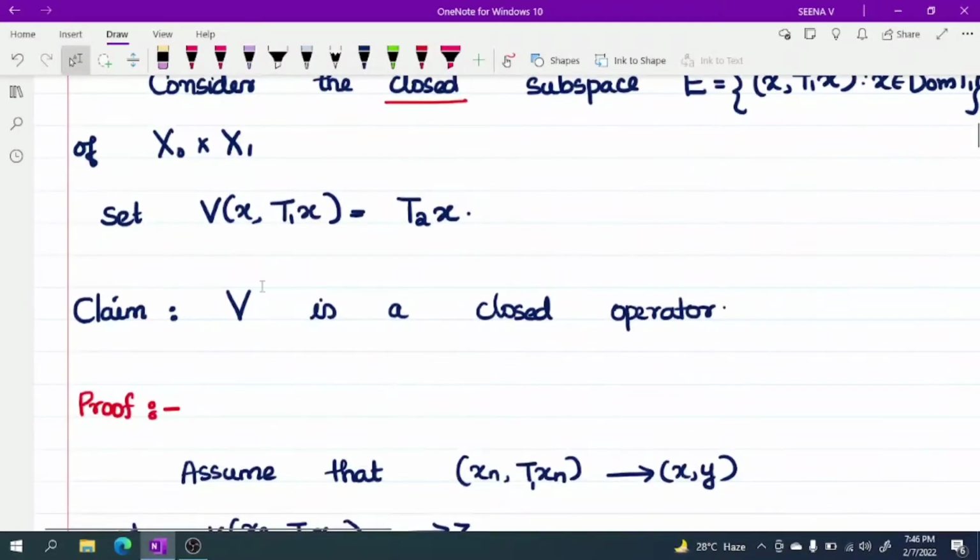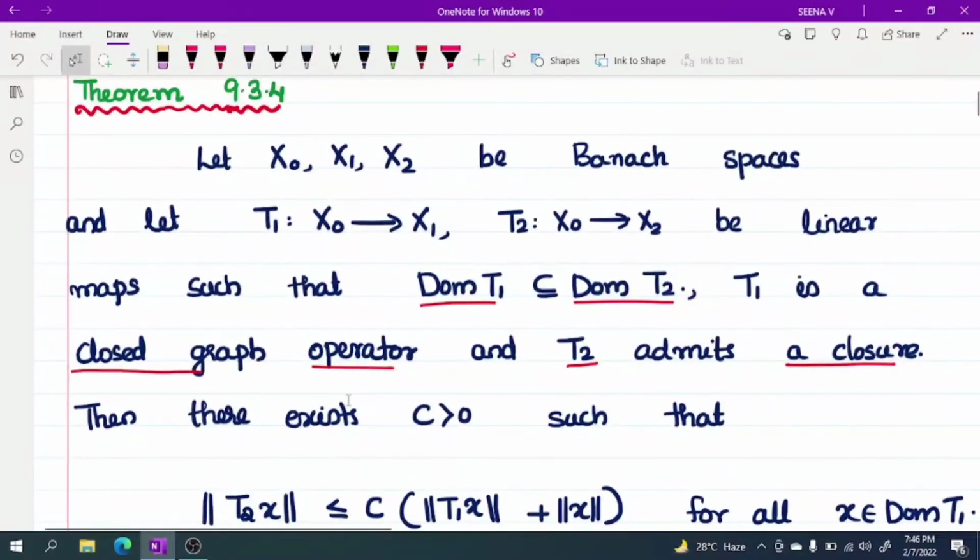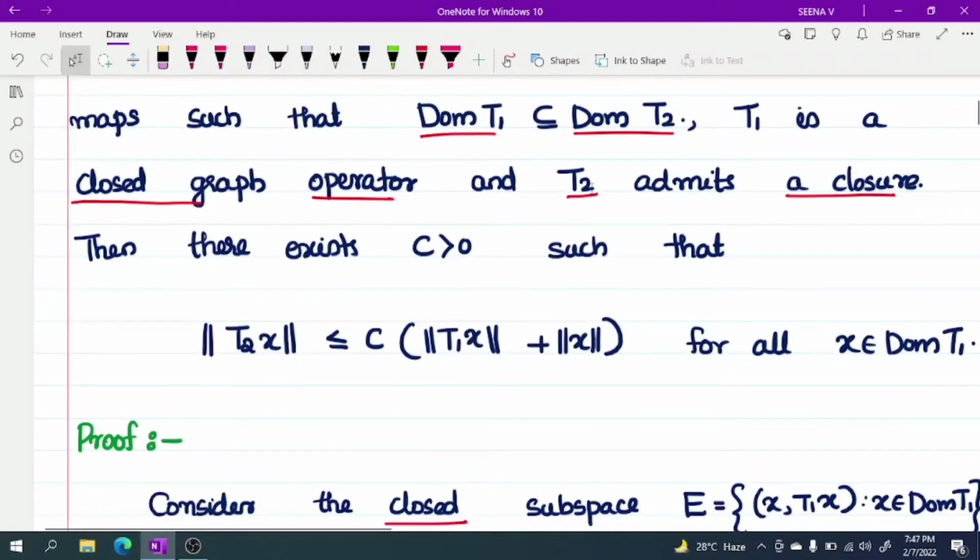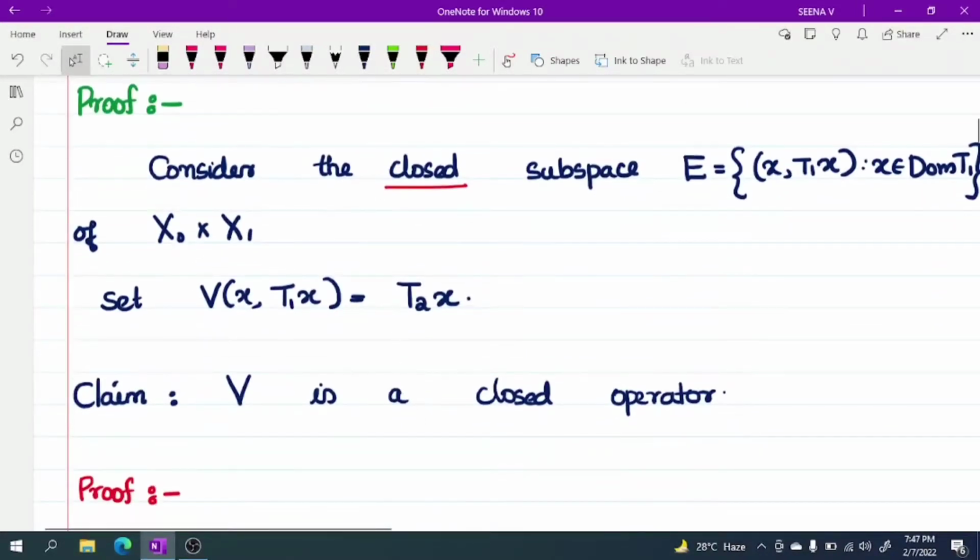Now we set V of (x, T1x) equal to T2x. Now we are proving V is a closed graph operator, using that T2 admits a closure. We know what T2x is for any x, and we know what T1x is.